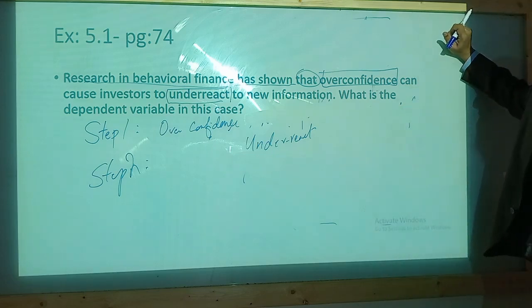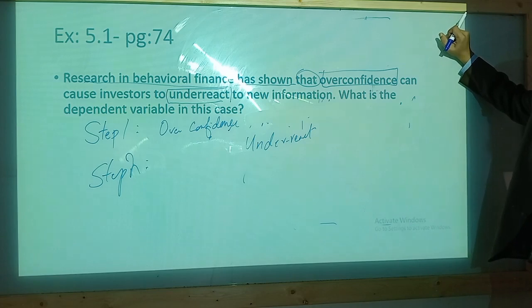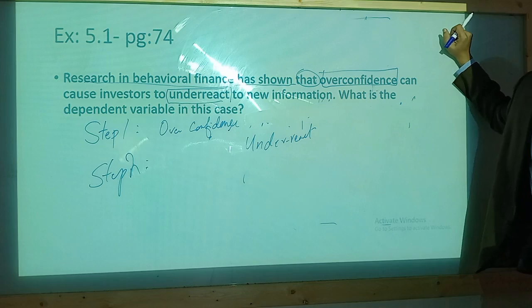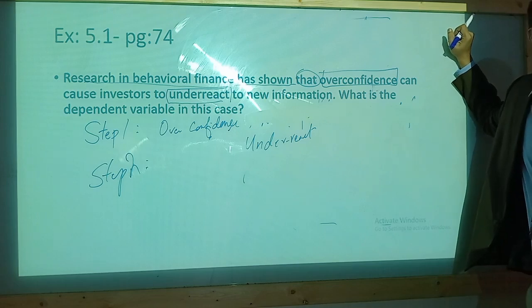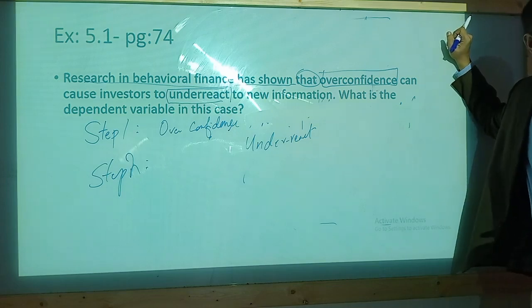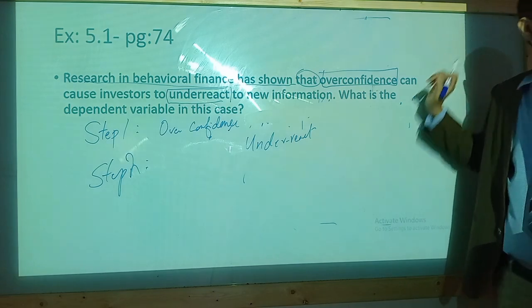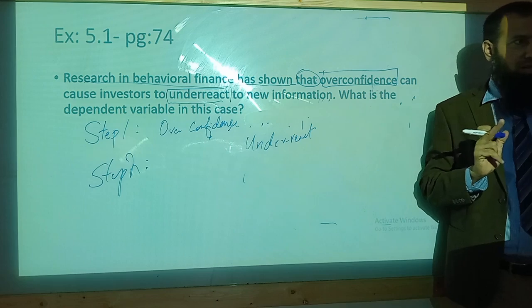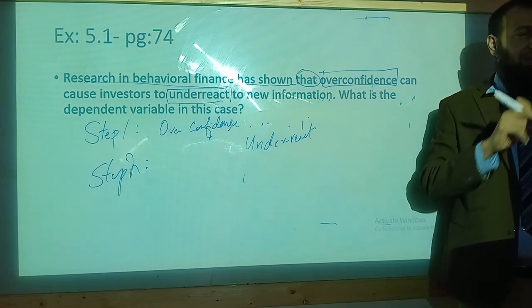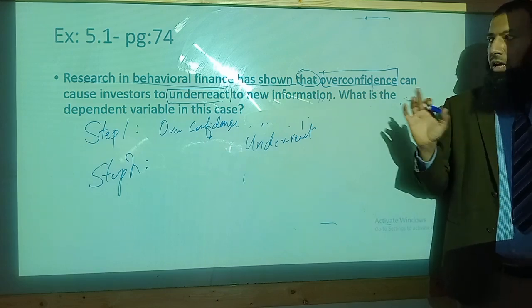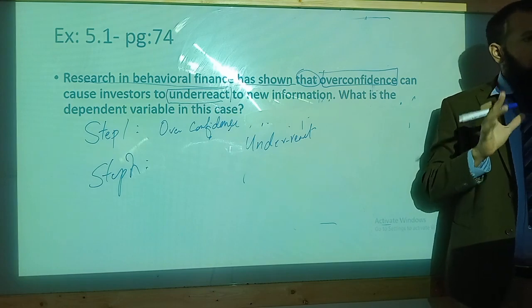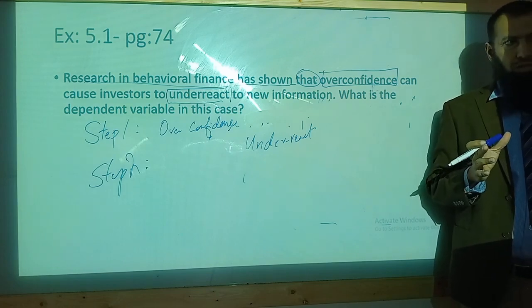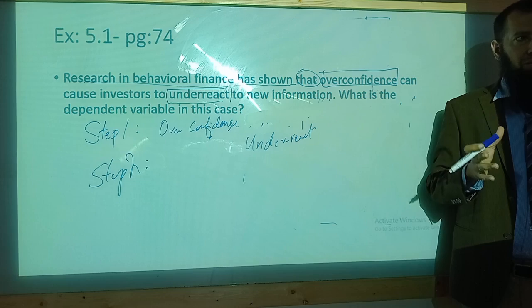Okay. Research in finance has shown that overconfidence can cause investors to underreact. So what are the investors doing? My question, I am repeating my question again. Now talking to you, you are correct. I am saying, what is happening to the investors? What is the investor's behavior?